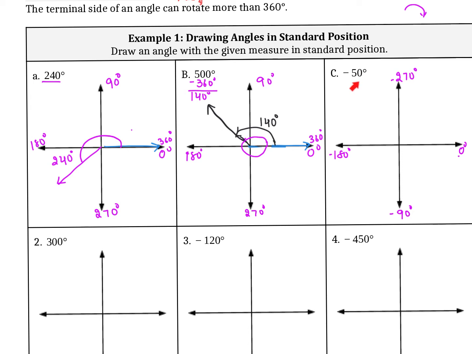So if you're graphing -50, it is going to be in this quadrant from the initial side, and that's your -50 degrees.